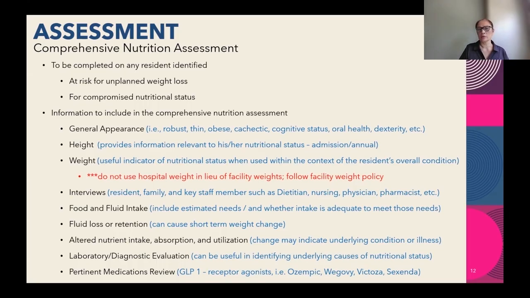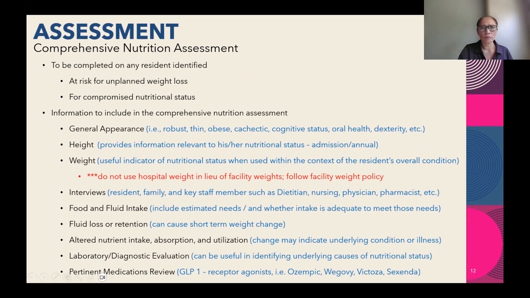So again, when I do chart audits, I look for information not just in the UDA titled nutrition assessment. I will look at everybody's documentation to see if they all match, they all tie together, and that ultimately the goal is appropriate from every discipline.